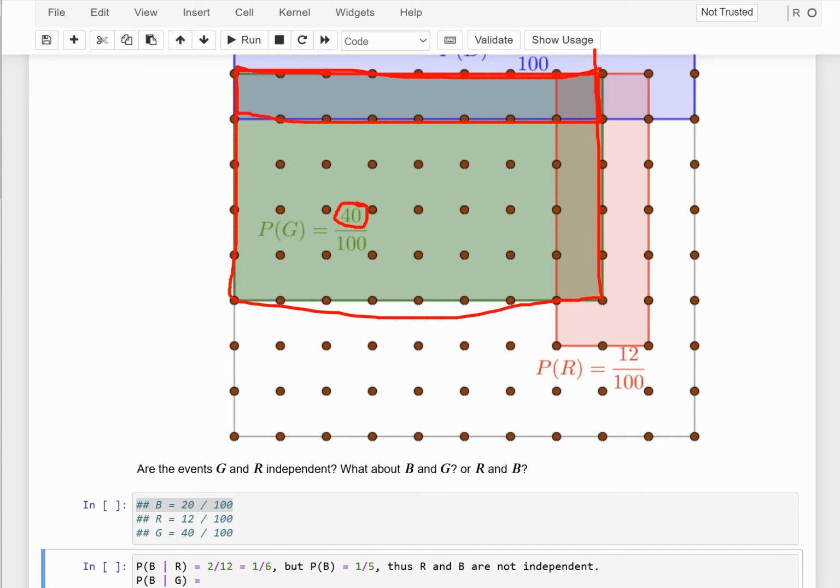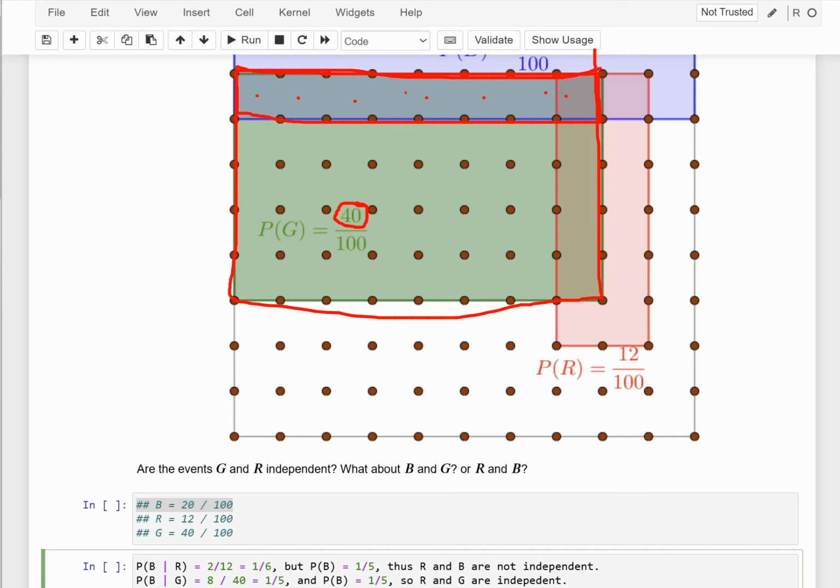I know that there are 40 square units in the green, and 1, 2, 3, 4, 5, 6, 7, 8 of them are blue. So the probability of blue given green is 8 divided by 40, which equals 1/5. And the probability of blue is just what it was above, 20 over 100, or 1/5. So B and G are independent.